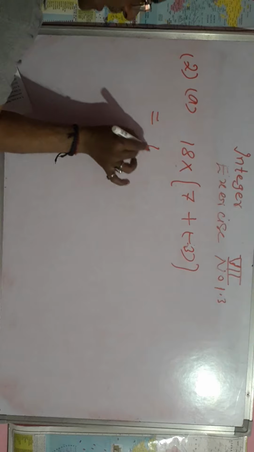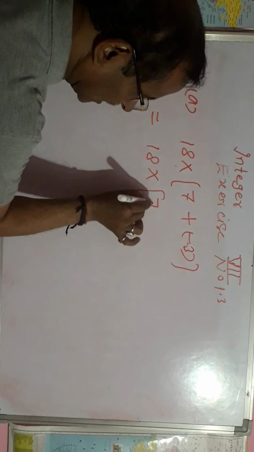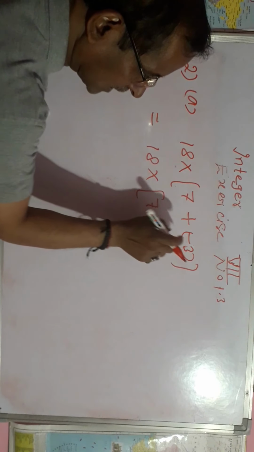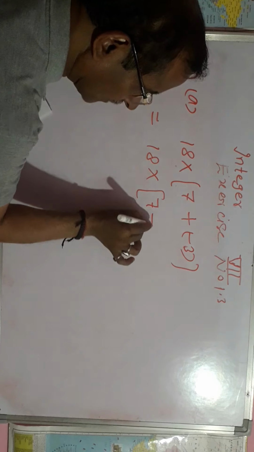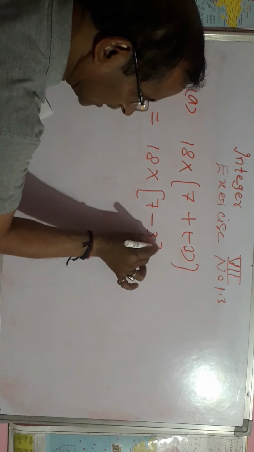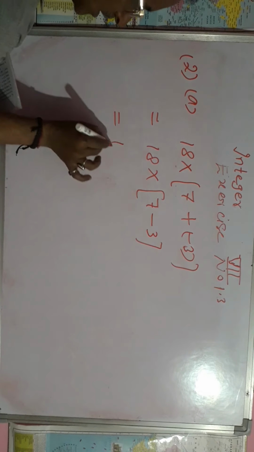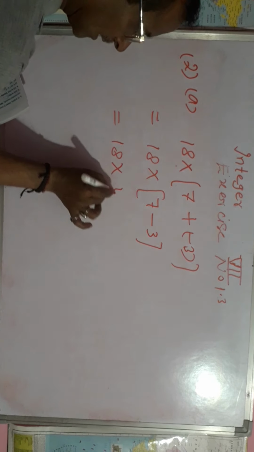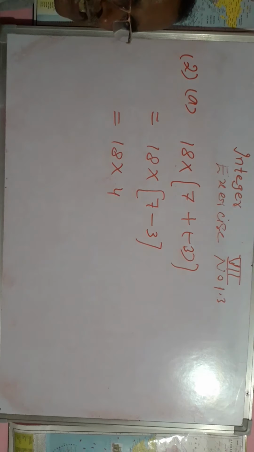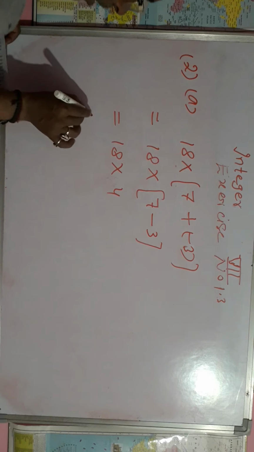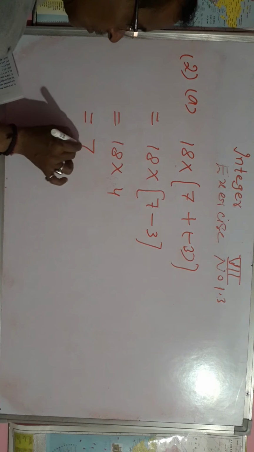Here, 18 multiply bracket 7 plus minus 3 is equal to 18 multiply 4. 7 minus 3 we get 4, and 18 multiply 4 is equal to 72.